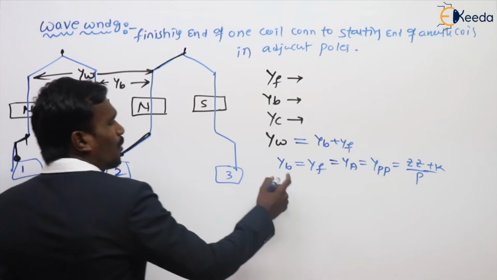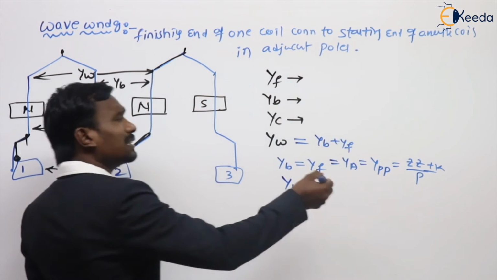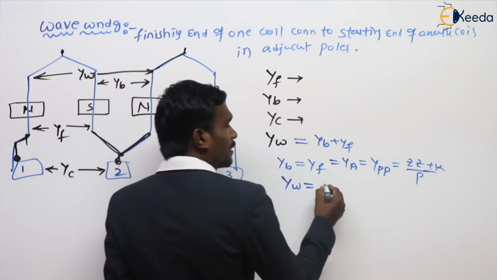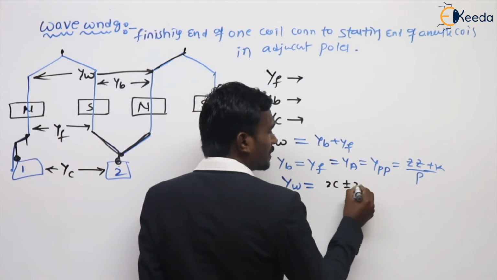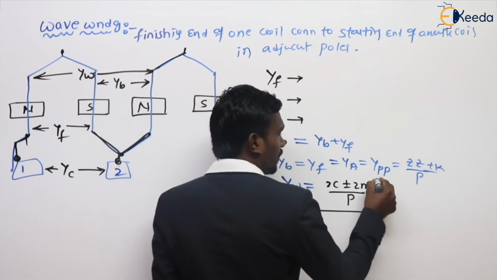The winding pitch equal to back pitch plus front pitch is also a correct answer. Other than that, you have another formula: winding pitch is equal to 2c plus or minus 2m by p. Remember this formula.